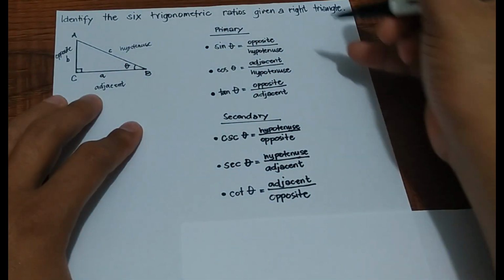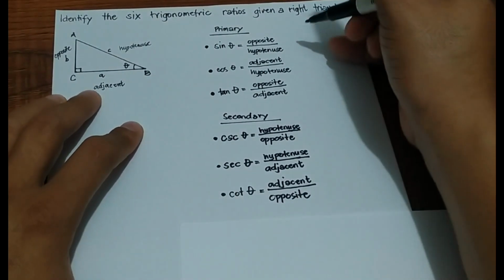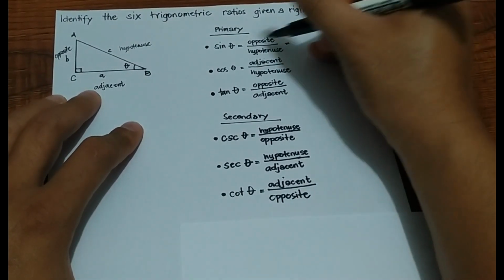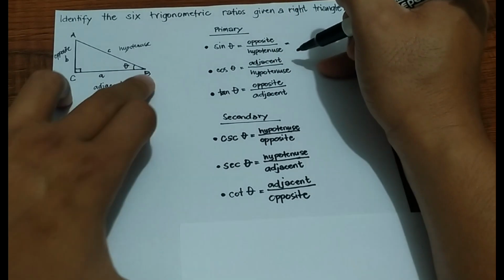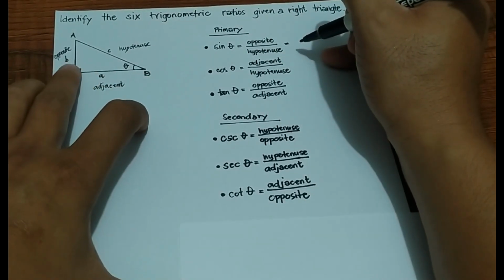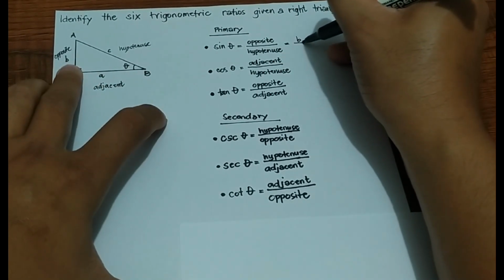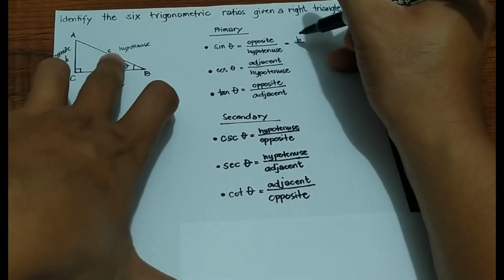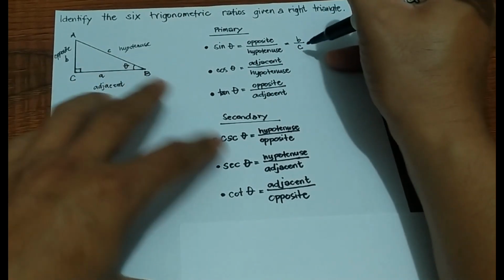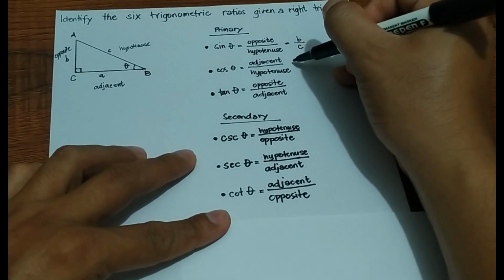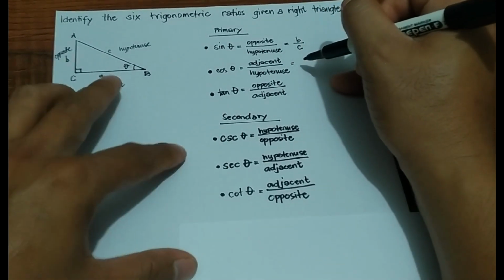Alright, if we will be asked for the sine theta, you would have opposite over hypotenuse. Where is our opposite? That would be B over, where is our hypotenuse? Represented by C. Is that clear? Next, we have adjacent over hypotenuse.